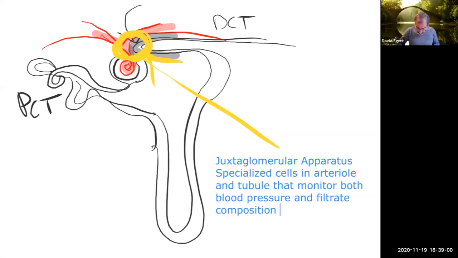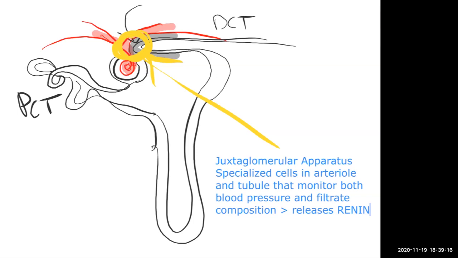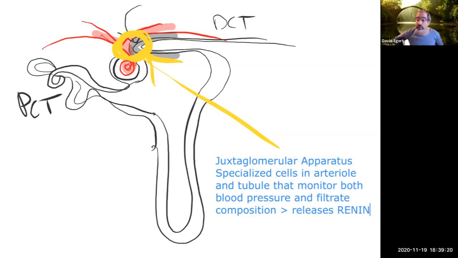So that's why I wanted to bring this in. This releases renin. In particular, what would cause it to release renin? Detection of low blood pressure. Exactly. If it detects a drop in blood pressure, then we're going to release renin.